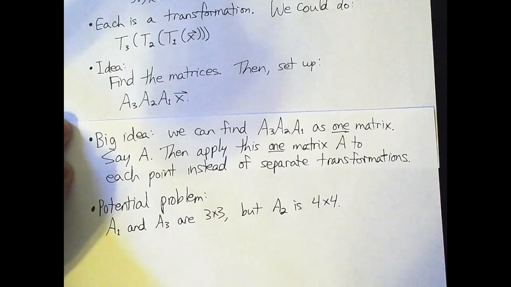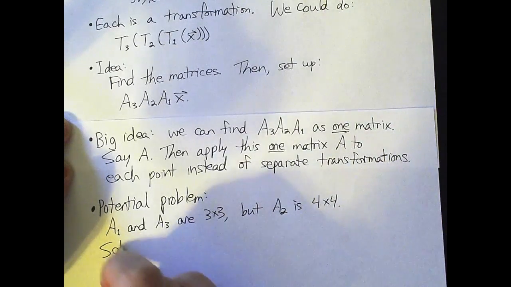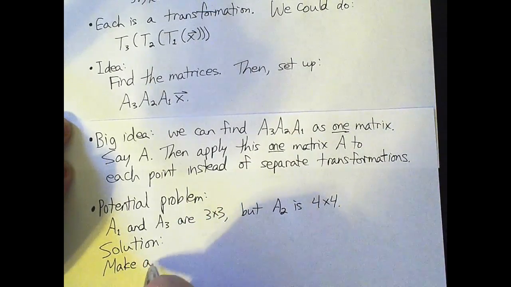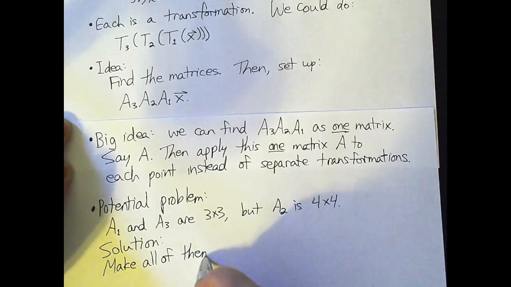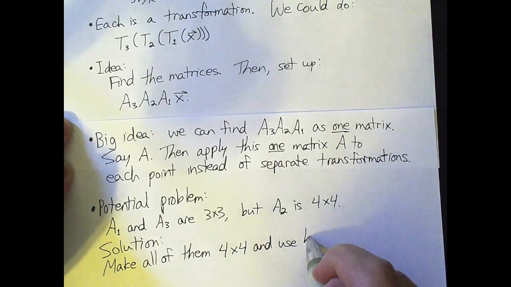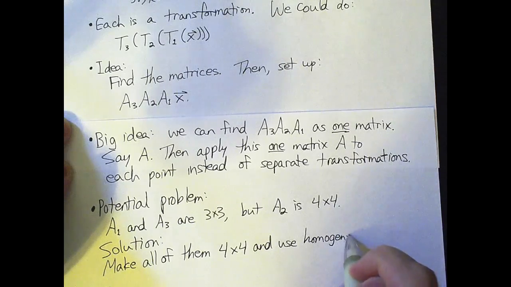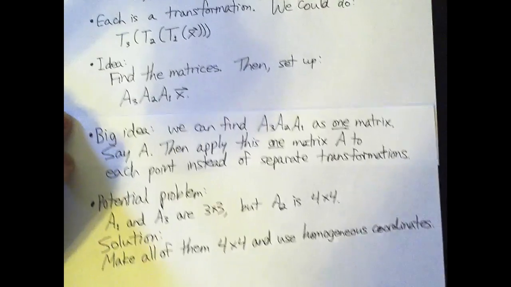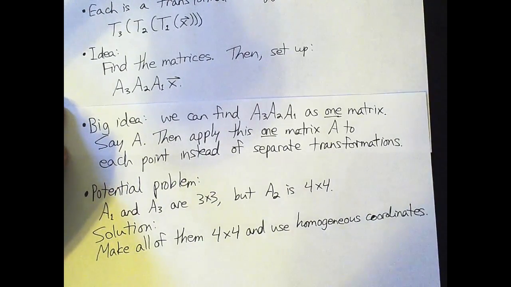We were doing that trick where we add a 4th coordinate, and just a few minutes ago, we wrote the standard matrix, and it was 4 by 4. So the solution to this potential problem is we make all of them 4 by 4 and use homogeneous coordinates for all of them. That's going to allow us to do all these transformations in this way.